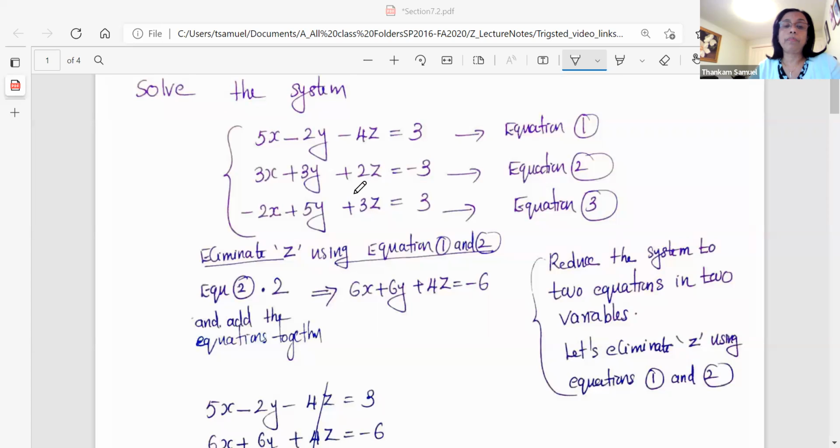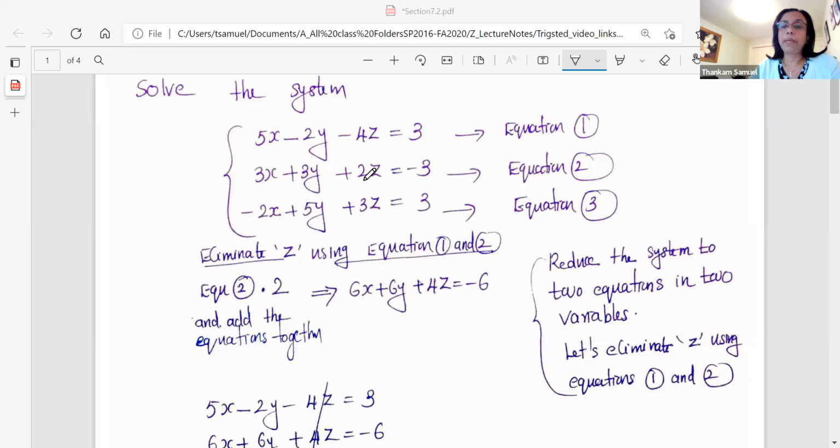And also to eliminate the variable, we can take equation 1 and 2, or 2 and 3, or equation 1 and 3. So let's eliminate the variable z from equation 1 and 2. Let's take equations 1 and 2.